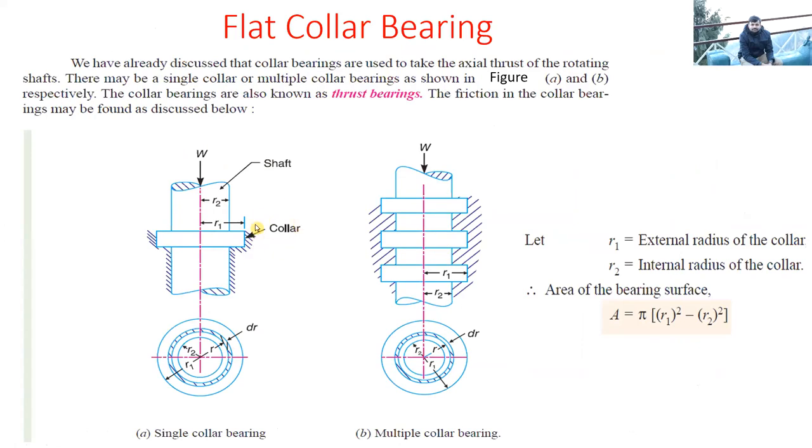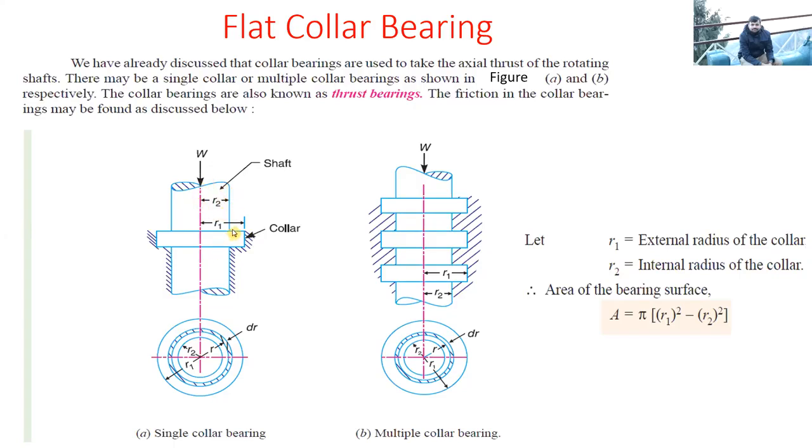There will be a radius of the collar, R1, which is the external radius of the collar, and R2 is the internal radius of the collar, and the internal radius of the collar is equal to the radius of the shaft.